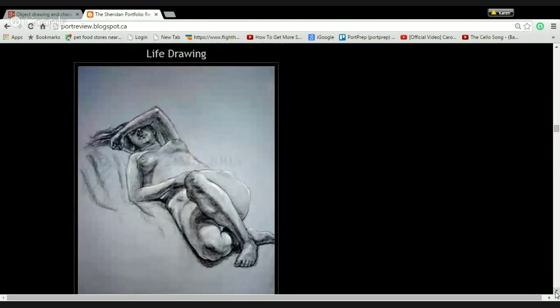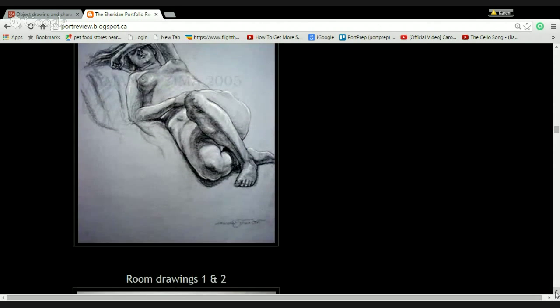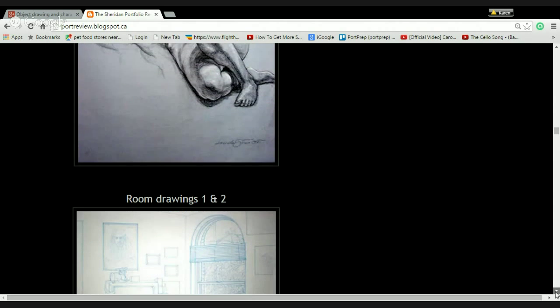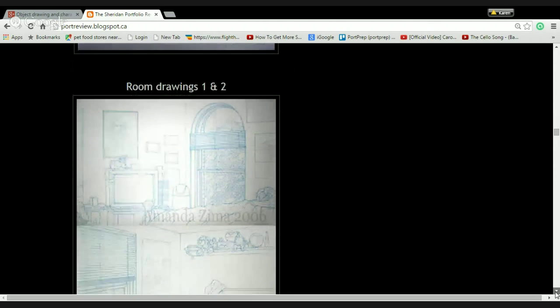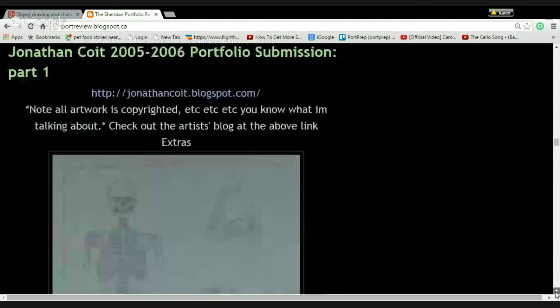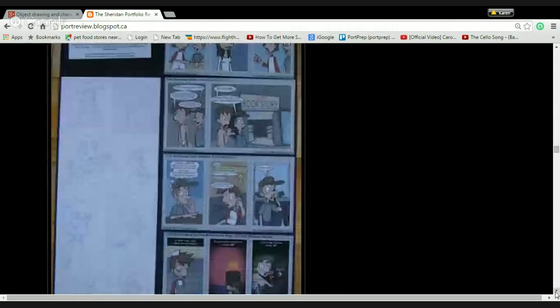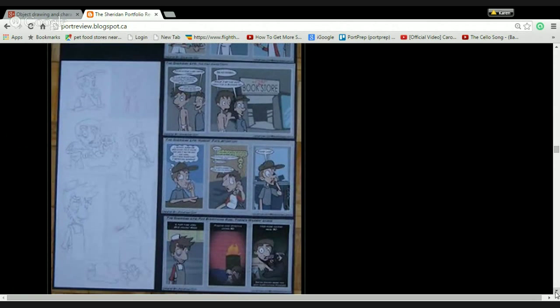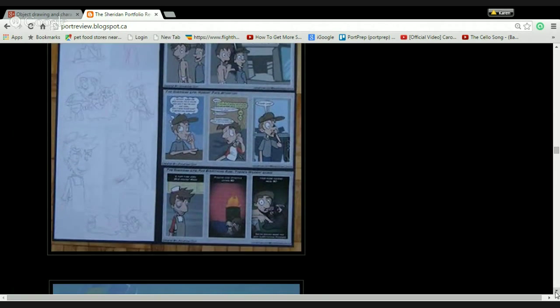So you can see the kind of quality they're looking for, but you also saw Garth's example of what got him in. His life drawing wasn't quite as developed at the time, it is now. And then there are pieces like your own pieces. So this person has some comic strip stuff.